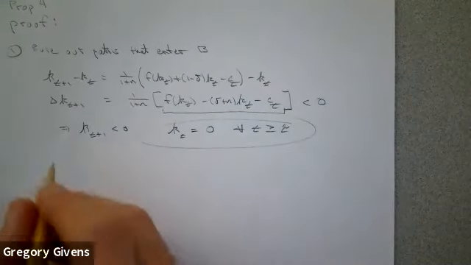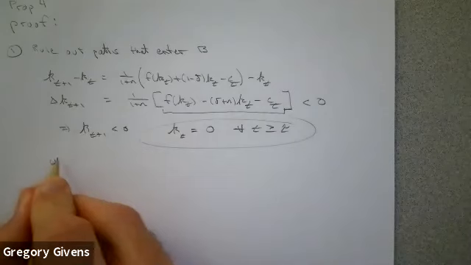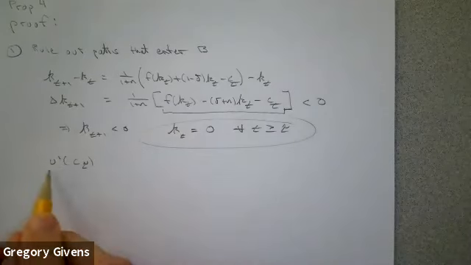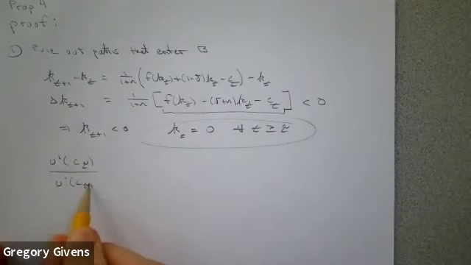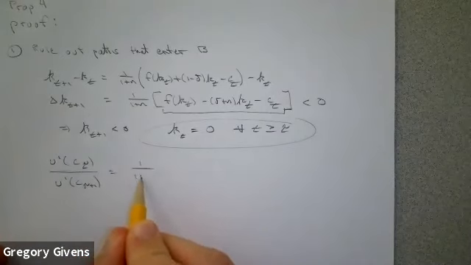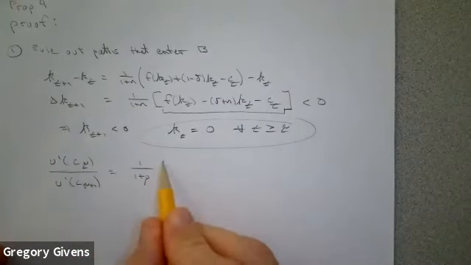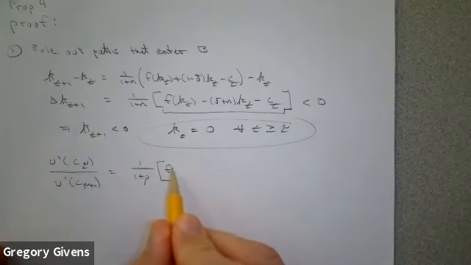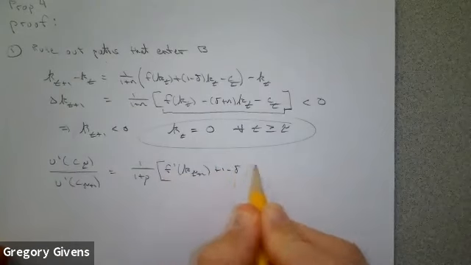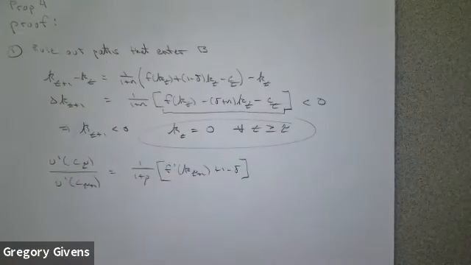what does the intertemporal Euler equation say? U prime of c tau over u prime of c tau plus 1 is equal to 1 over 1 plus rho times f prime of k tau plus 1 minus delta. This is just the intertemporal Euler equation, right?